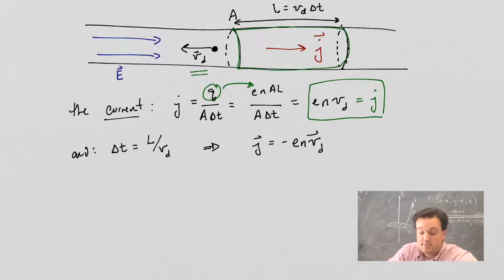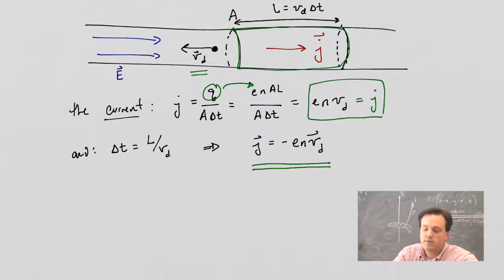Using again that expression that tells me that delta t is equal to L over the drift velocity, I can convert this now to a vector, which also says that the current is going to be in the opposite direction to the drift velocity because the sign of the charges that are moving is less than 0, so the charges are negative.